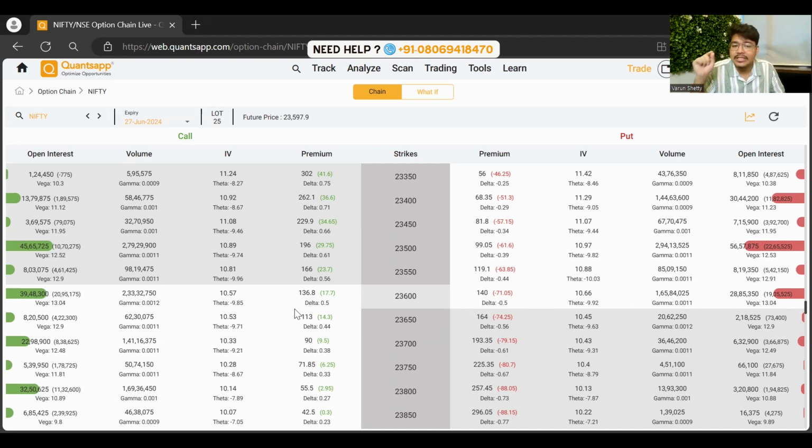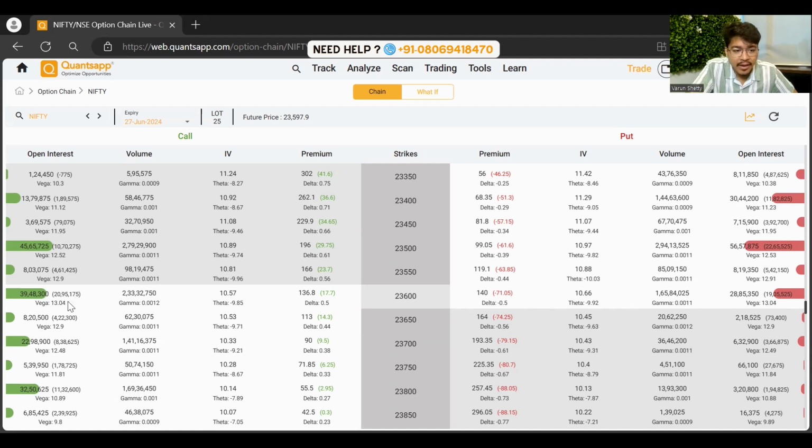So an option premium has time decay. How much will it decay? Based on this. It is nothing but the change in premium based on the change in number of days left to expiry. Right? So as the number of days left to expiry decreases, the option premium also decreases. How much? That is the number of theta. Alright? So it is nothing but time decay.